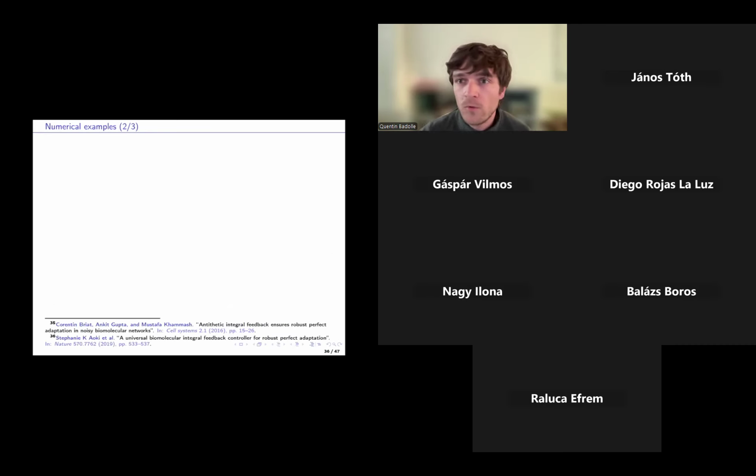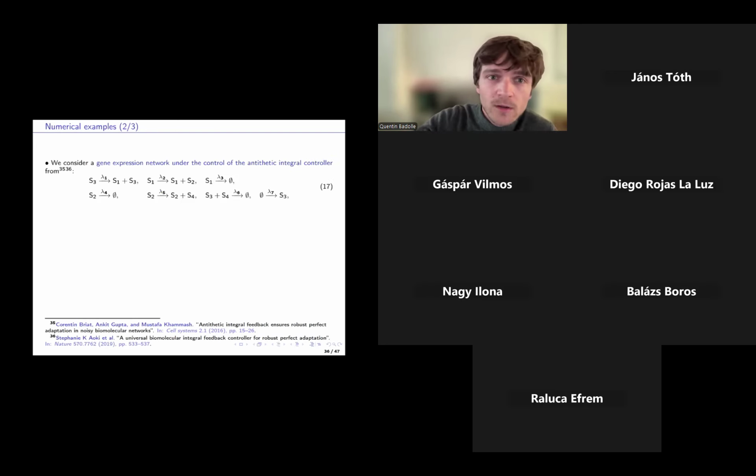We have run several examples in the manuscript, so you could look at the main material and the supplementary material. And I'm going to focus on one example today, which is the gene expression network under the control of an antithetic integral controller, which is of interest to our group in particular, but also to a larger community of people who want to use it for engineering purposes.